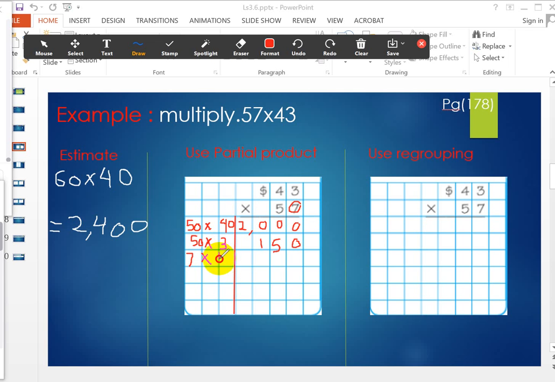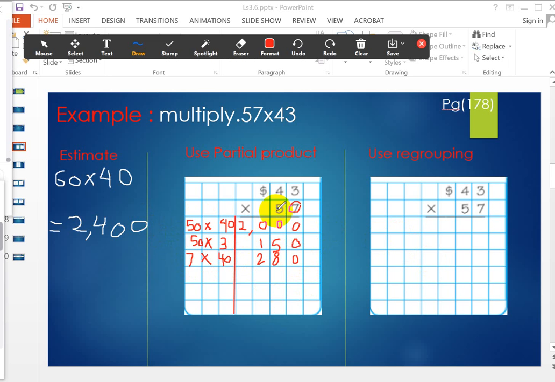So 7 multiply 40 equals what? 7 multiply 4 equals 28, and put 1 zero next to the answer. So it will be 280.